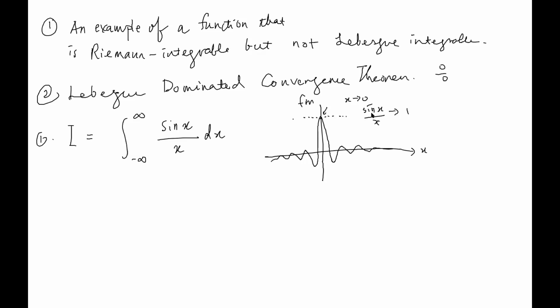There are also some other ways to show that sine x over x tends to 1 as x tends to 0. The other way is to use the infinite series for your sine, right? So your sine x, if you go by infinite series, looks like this, and so on, right?